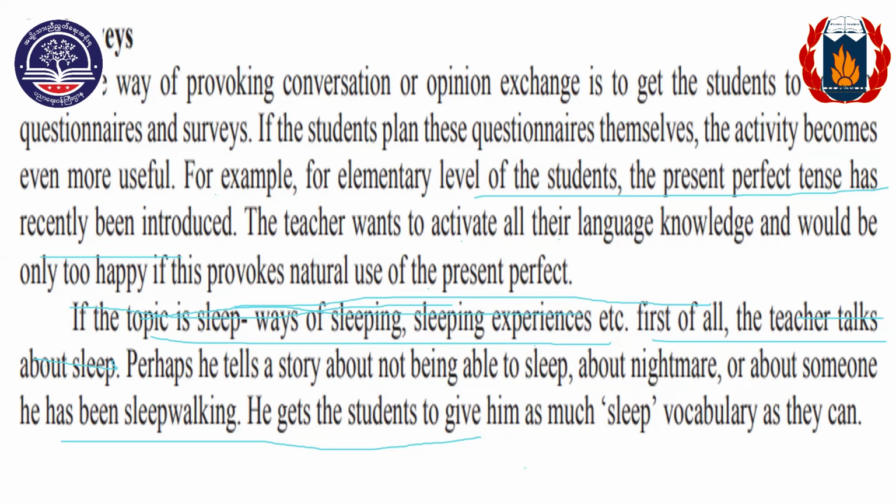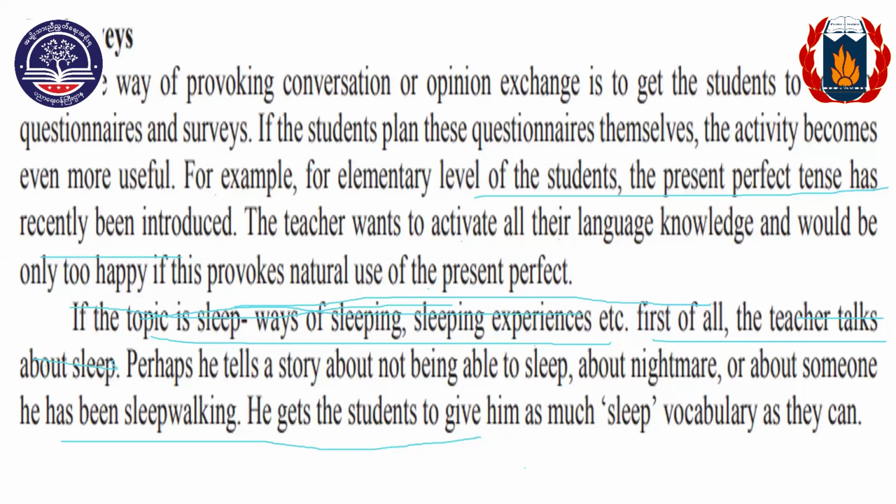By making the questionnaire based on the taught tenses, it's a kind of activating their language knowledge. For example, if you allow the students to choose the topic of sleep, they can make a questionnaire about sleeping experiences, right?